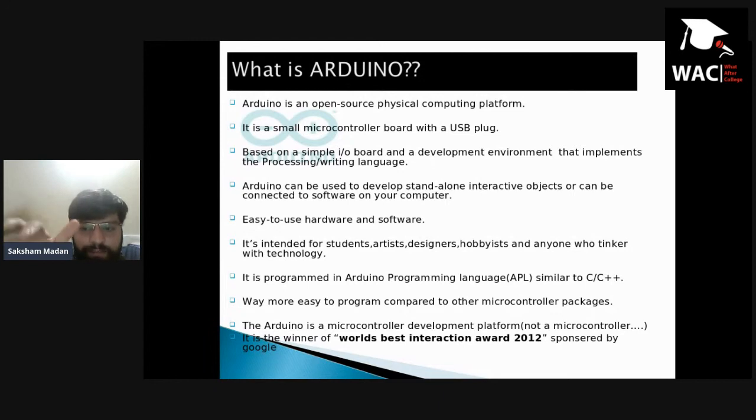If you are a computer science student, you know how to program a system. If you are an electronics student, you know how to program a system using microcontrollers, ICs and registers, and you know how to connect the system. So there was a huge gap.